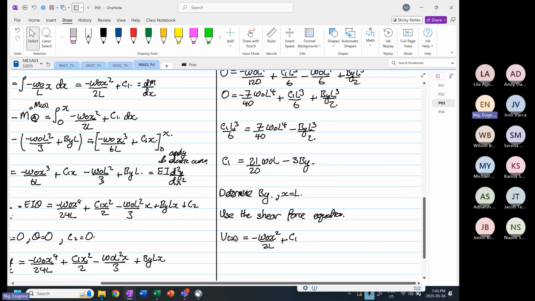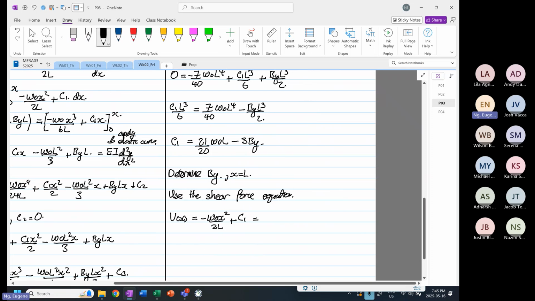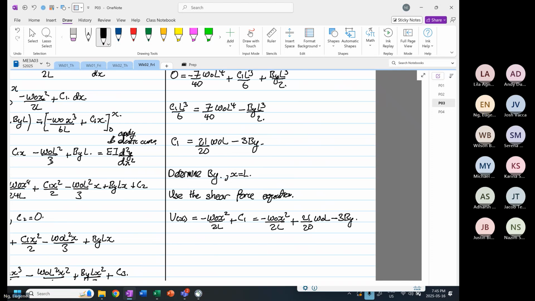So we have a C1 value. So this in fact is equal to minus omega naught x squared over 2L plus C1, which is 21 over 20 omega naught L minus 3 B_y. Okay, minus 3 B_y.